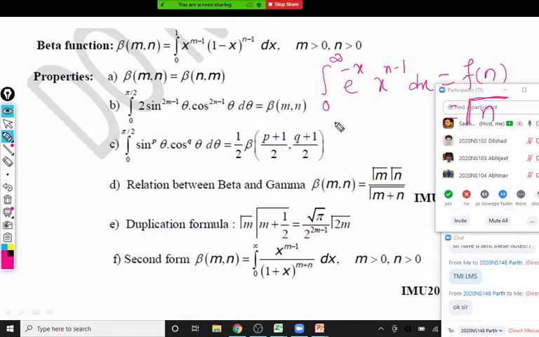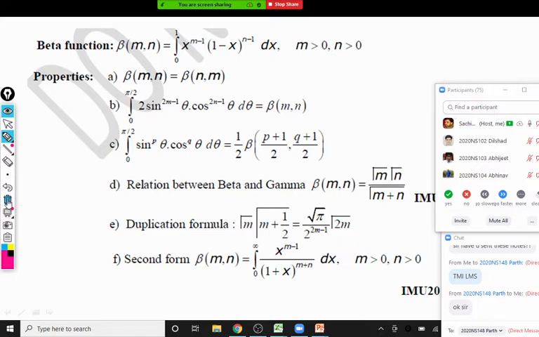So this is our definition for the gamma function. If you observe, gamma is a function of a single variable, and that variable n is generally greater than 0, because at n equal to 0, gamma does not exist.